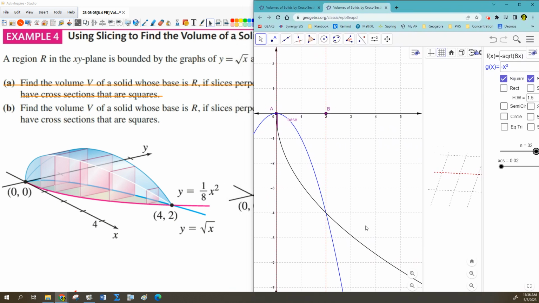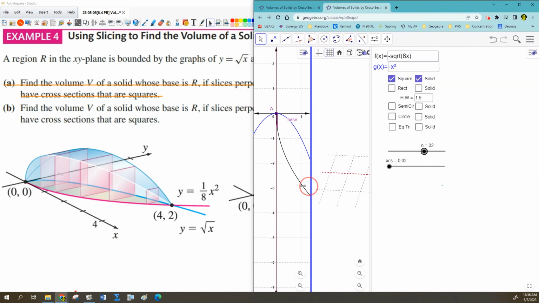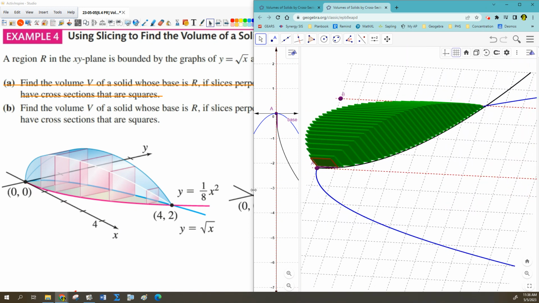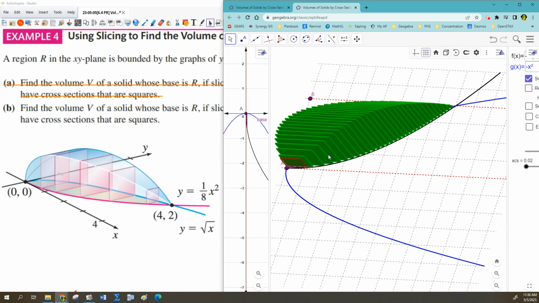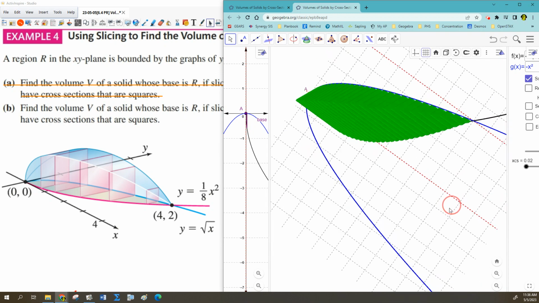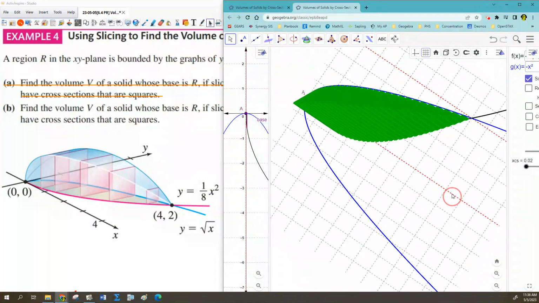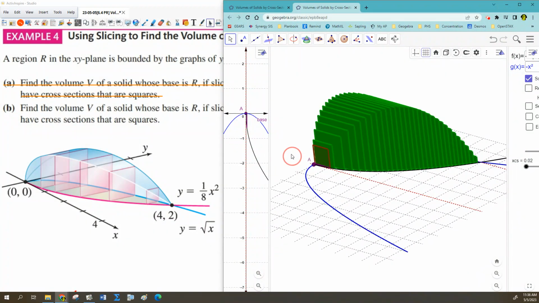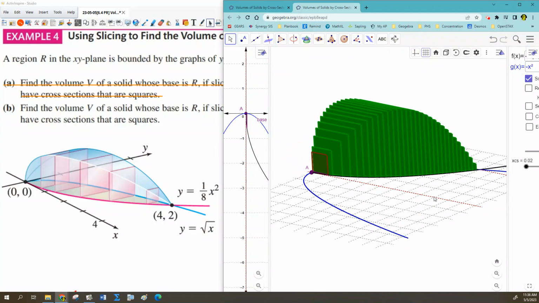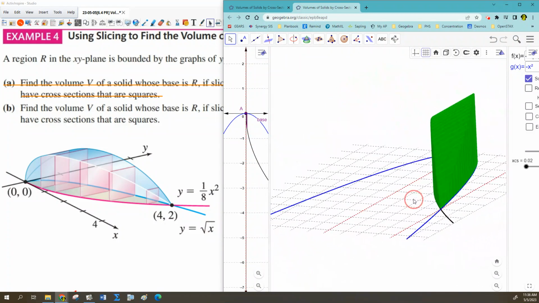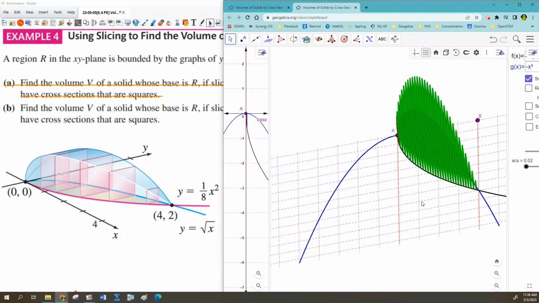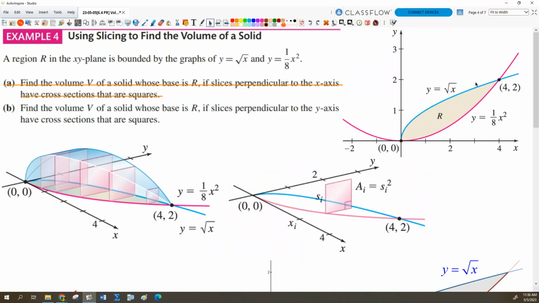Let me get it so you guys can kind of see the two next to each other. See, that's different than that is, right? If I spin that, I'm not very good at that, but you get the idea, right? Okay. So it's different.